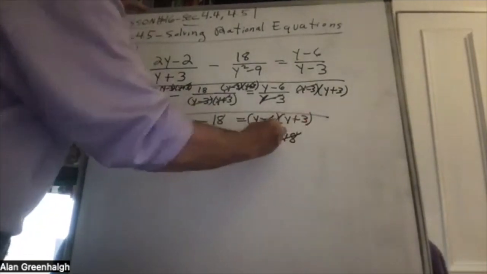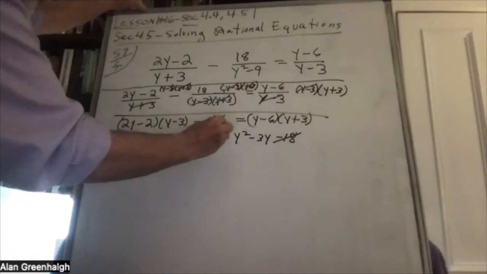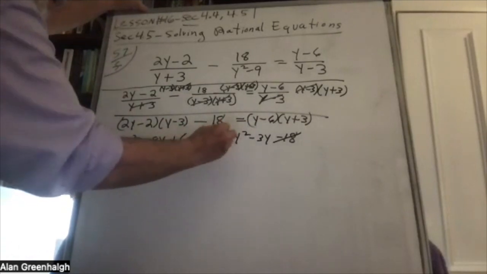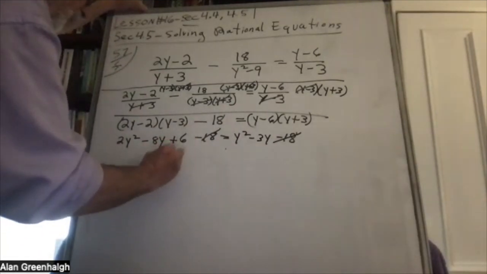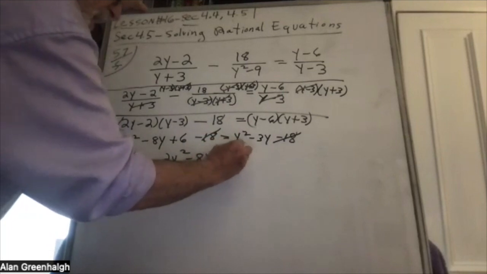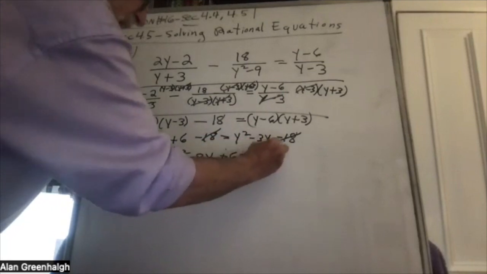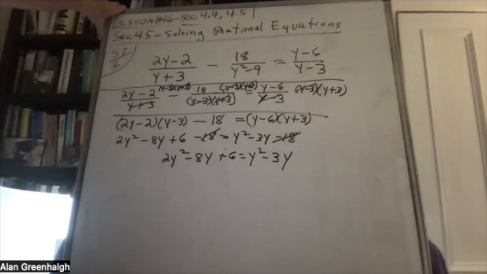But look at this. This drops out with that. Beautiful, right? And then what else do we have? Well, let's rewrite it. 2y squared minus 8y plus 6 equals y squared minus 3y. That's where we are now.